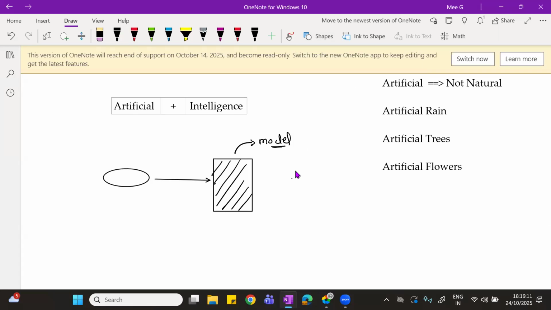We will have the data, and the data will be passed on to the model, and the model will extract the knowledge from there. This is the actual concept of artificial intelligence. Artificial intelligence is nothing but providing intelligence to machines or models artificially through data.